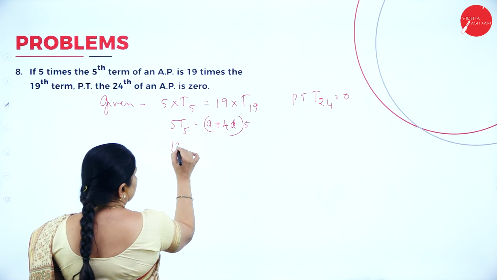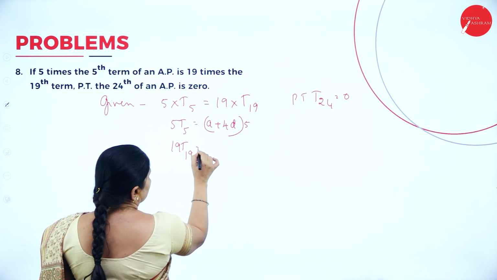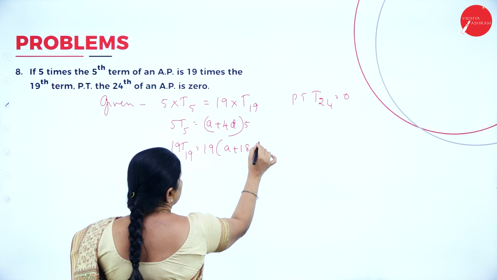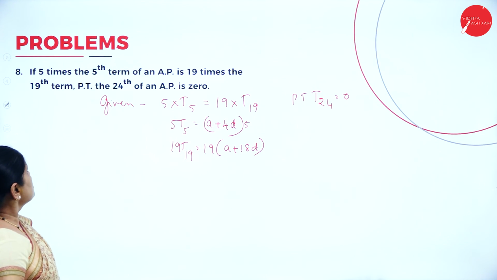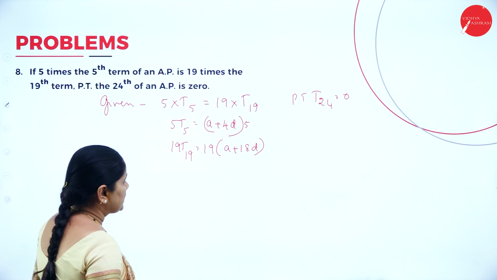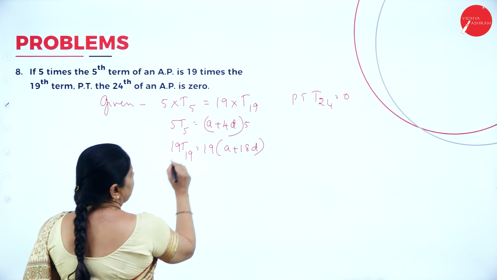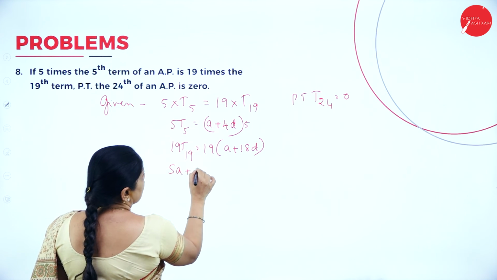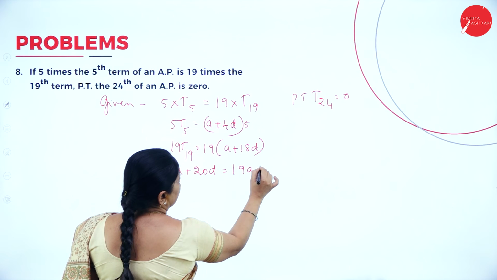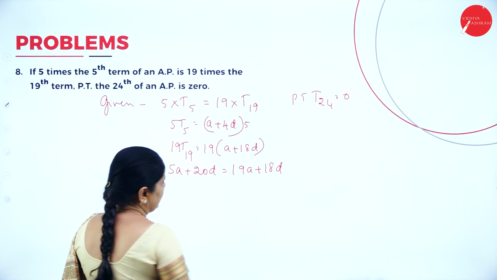Then 19T19 will be equal to 19 into (A plus 18D). Okay. So we should simplify. We should bring it to the equation. So 5A plus 20D equals 19A plus 18D.